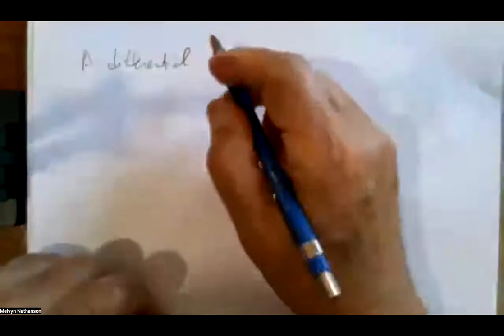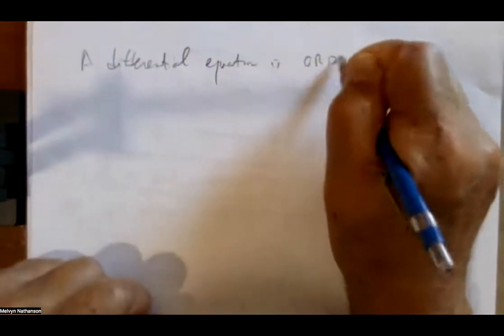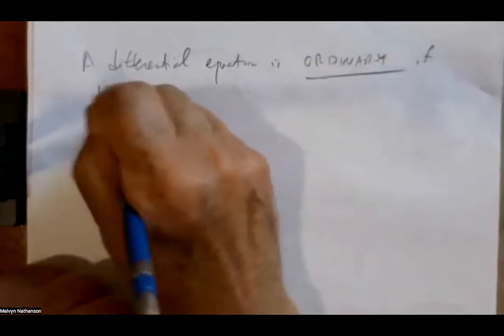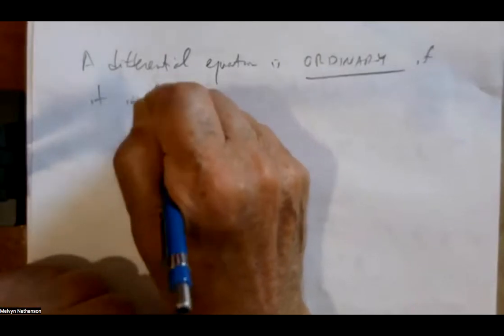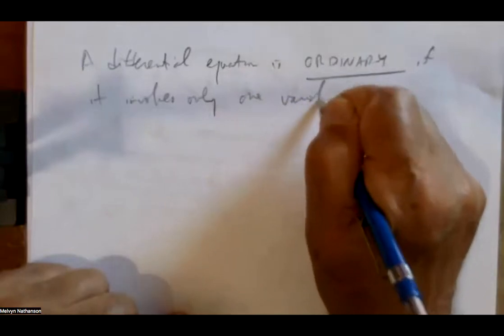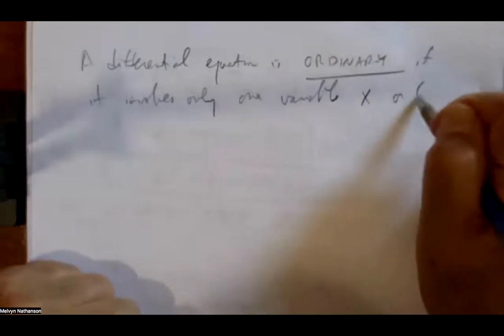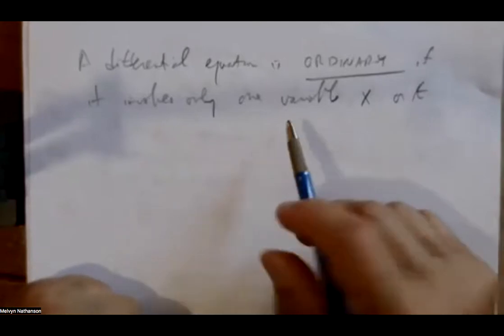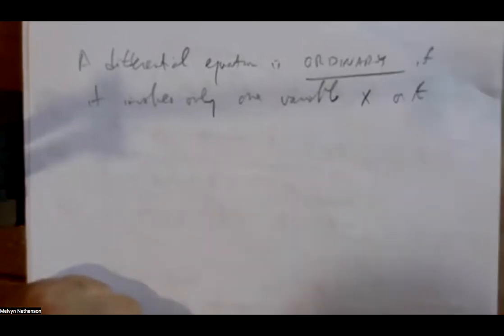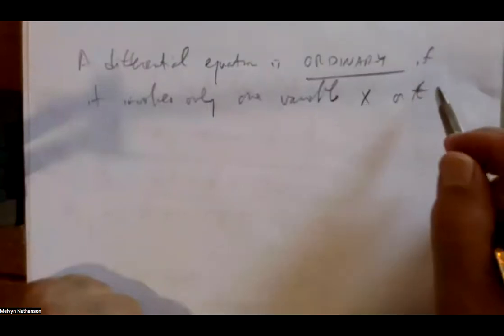A differential equation is ordinary if it involves only one variable. And the variable is usually either x or t. I mean, you can choose any, just like in calculus, you can use any variable, x, y, z, a, b, c, r, s, t that you like, but typically we use x or t.